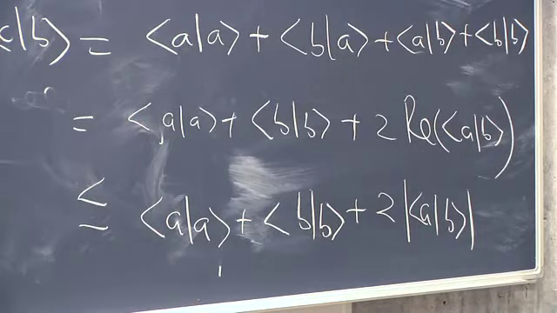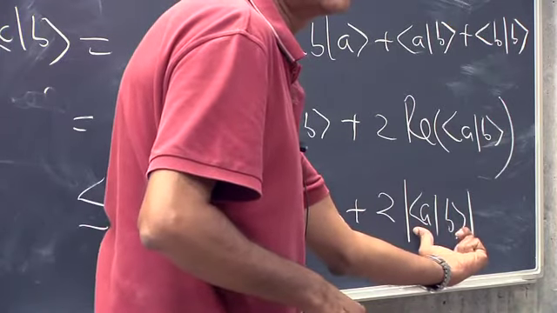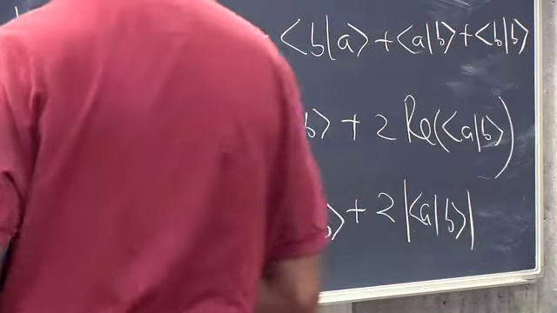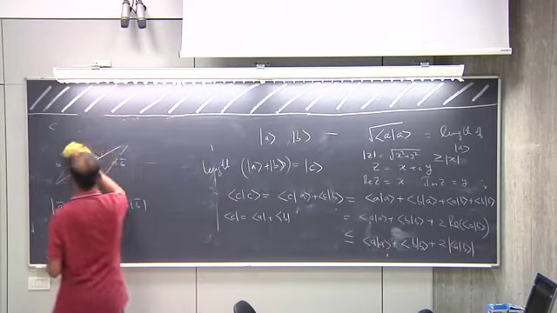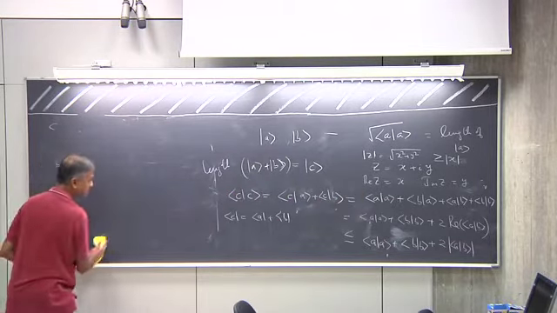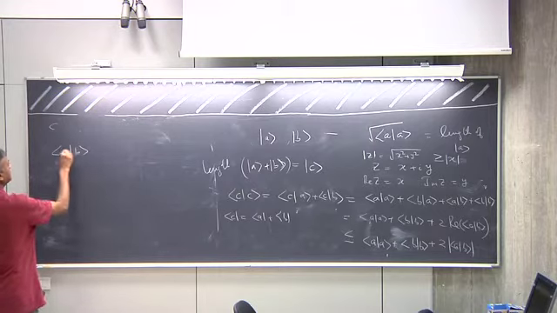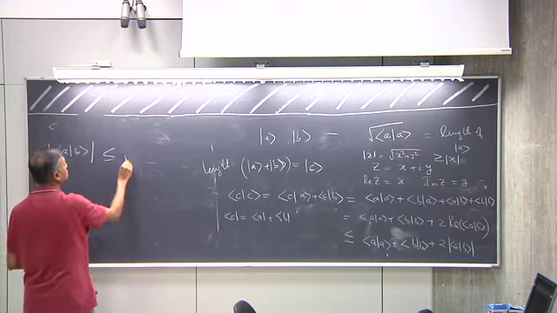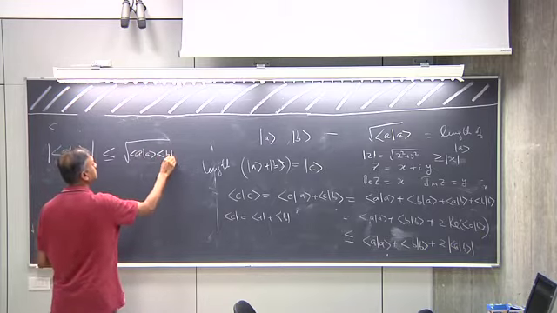Okay. Now I use the Cauchy-Schwarz inequality. We already know the Cauchy-Schwarz inequality for that, right? So the Cauchy-Schwarz inequality says that the absolute value of AB is less than or equal to the square root of AA times BB.